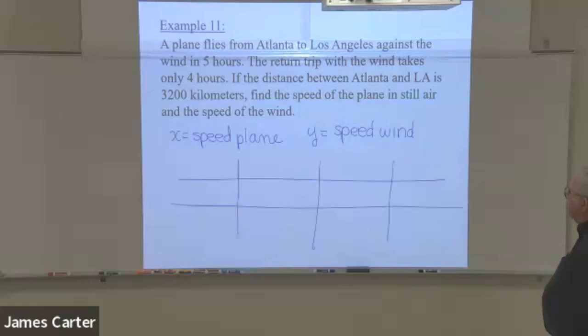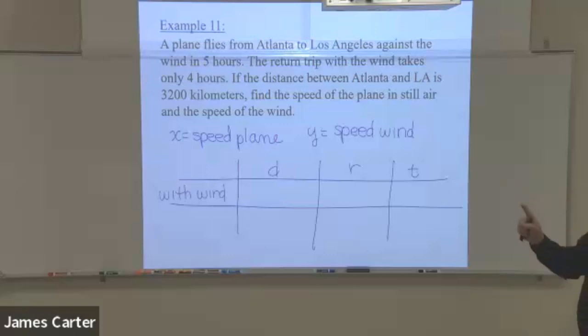Okay. And we're going to make a chart. There's our basic D equals RT. We're going to fill in the values for going and coming. So when you're with the wind, that means the speed of the wind adds to the speed of the plane. Now our distance is going to be 3,200 both times.